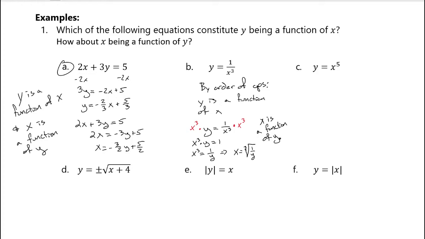All right, if we look at part C, the similar kind of thing is going to happen. I can see for a single x value, when I take that to the fifth, I'm only going to get one y value out. So y is a function of x.